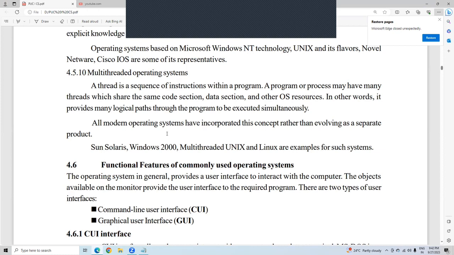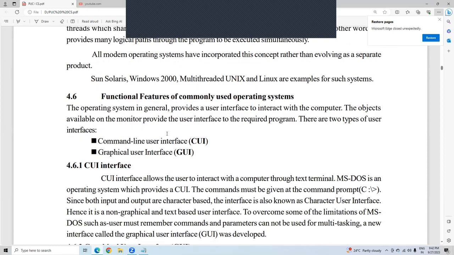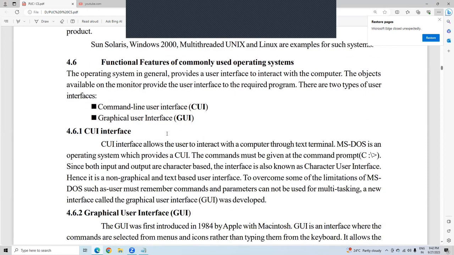So, functional features of commonly used operating systems. The operating system in general provides a user interface to interact with the computer. That is very important. The operating system is doing all these operations, but how can the user communicate with the operating system? That is through the user interface. Now you see on the screen, this is all user interface. I have a button called Start, with which I can start any program, right?